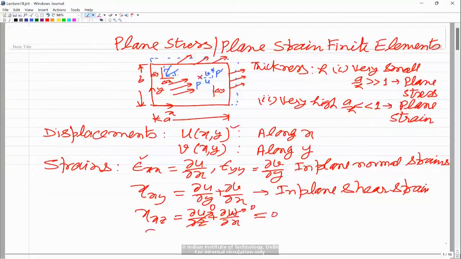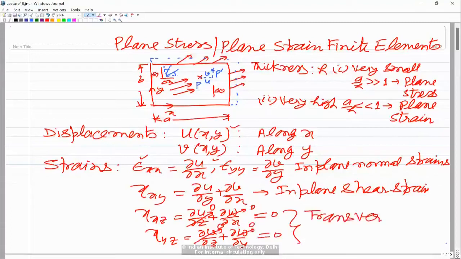Similarly, gamma yz would be del v by del z plus del w by del y. Again, v is only a function of x and y, independent of z, so this term would be zero, and w is zero, no displacement along the z direction, so this is also zero. So these two transverse shear strains are zero.